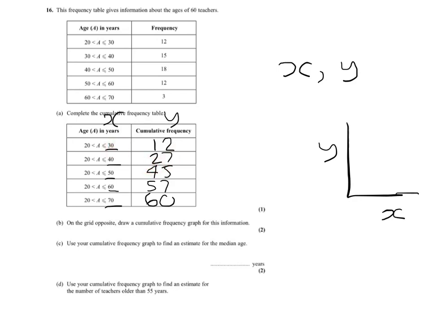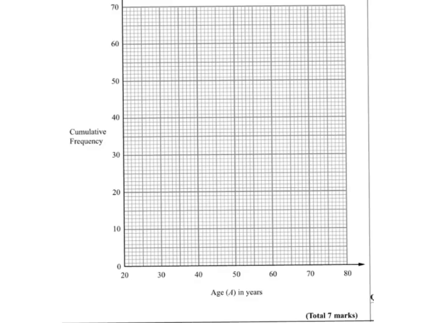There are 27 people aged between 20 and 40, or up to 40 from the last age. 45 people from 20 up to 50. So it's the 30 with 12, the 40 with 27, and so on. So these are the coordinates that we need to plot on our graph. We'll plot them and get a graph that rises and gives us that shape. So we'll do that next.